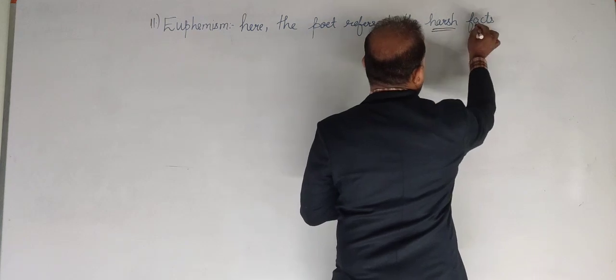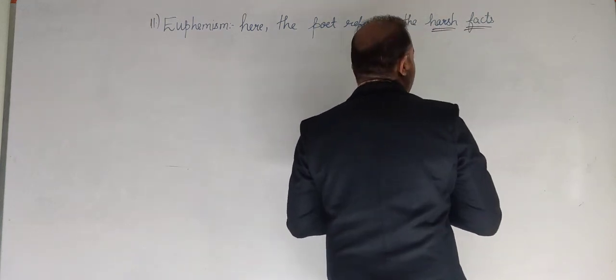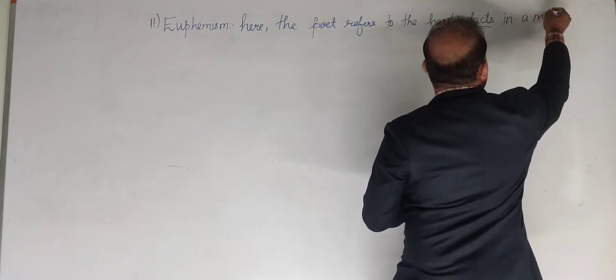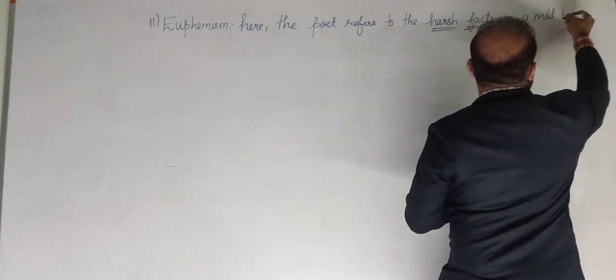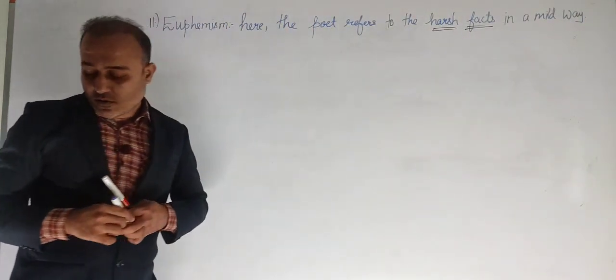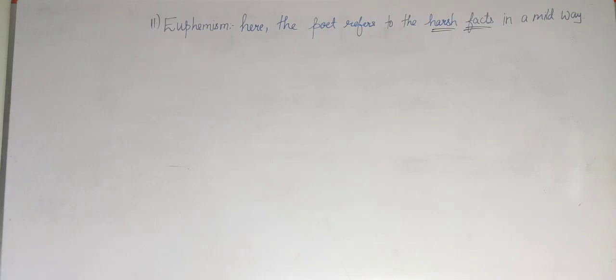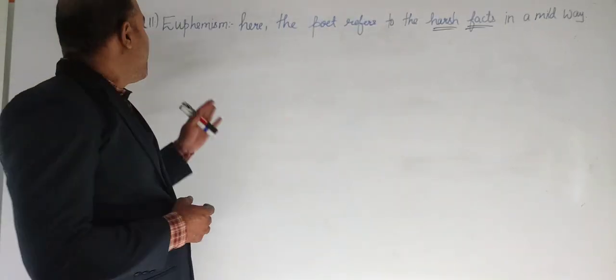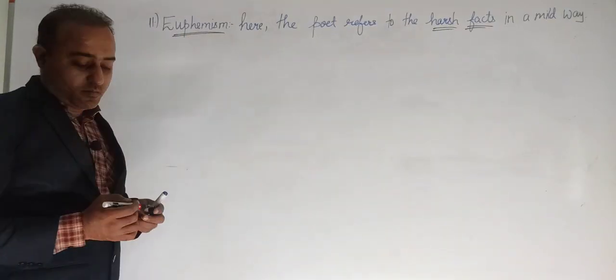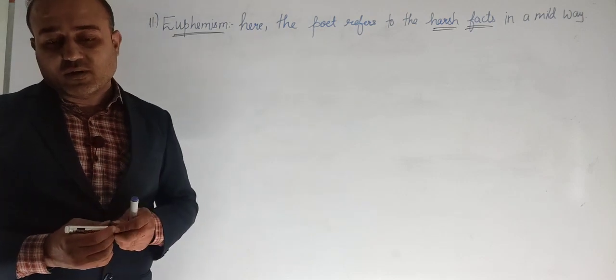Okay, harsh facts in a mild way. So whenever the poet refers to the harsh facts or the cruel facts in a mild way, the figure of speech used over there will be euphemism. So we'll take an example of that to understand it.